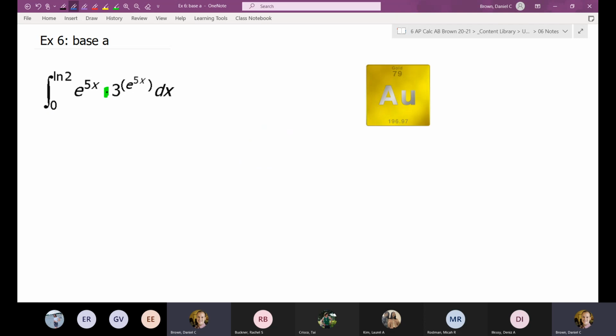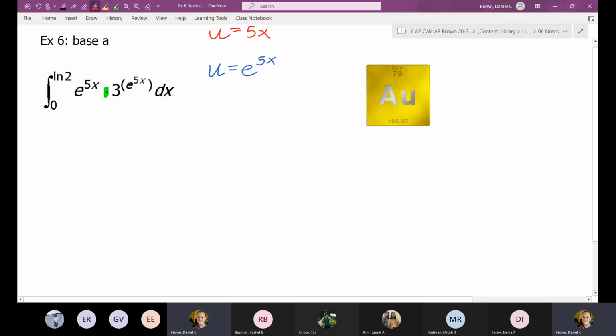I want to be able to pick out a u so that things cancel out nicely. Any ideas of what a good u might be? E to the 5x. So at least people in class, most people said a good u would be e to the 5x. That is the correct one. Other classes today, and you might have been thinking it yourself and just been quiet, they see that 5x in the exponent, so they think u should just be 5x.